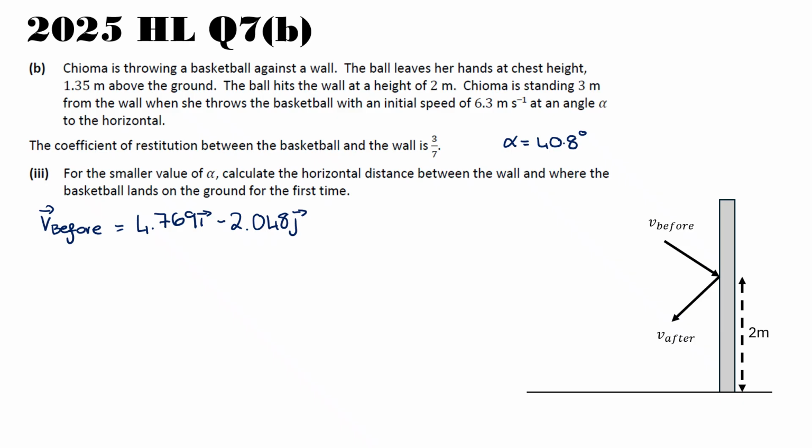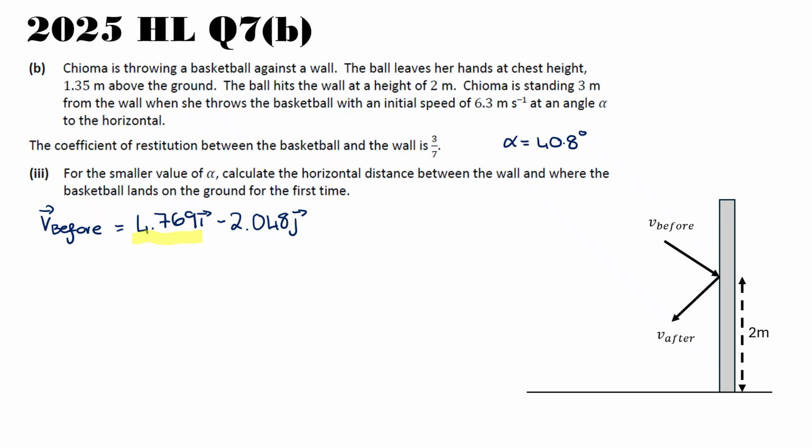Now, when we have an impact or a single body collision like this, we're only changing either the i or the j. Look at our arrows. It's coming in from the left and then going out back towards the left. So there's a change in the right-left direction. That means we're only changing the i component. It's still going down, so the j component won't change.